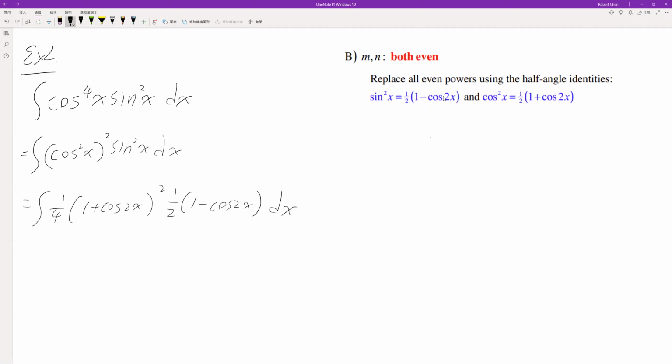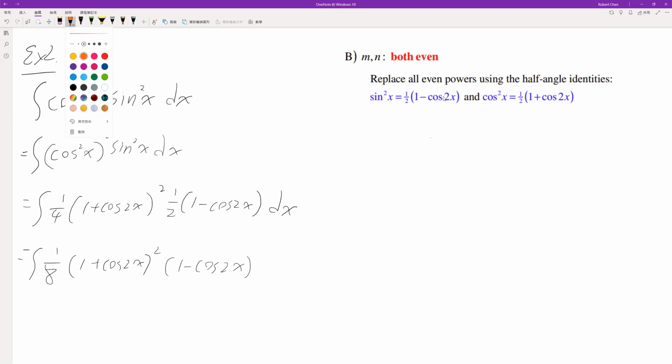All right, so basically what we're going to do now is FOIL out everything and then integrate it one by one. So here we have 1/8, (1 plus cosine 2x) squared, (1 minus cosine 2x). Now, to make it a little easier, I'm going to do a little algebra on the side, and I'm just going to replace cosine 2x with w.